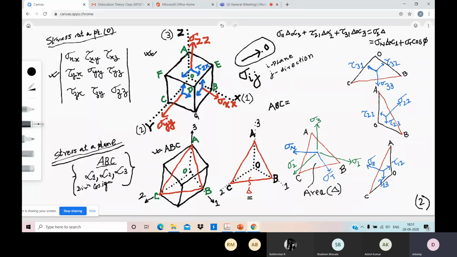It will be a function of the stresses acting on the AOB plane, because the stress acting on those faces will contribute to the resultant stress on the inclined ABC plane that I am picking up. Then it will also depend on the COB plane, and it will also depend on the AOC plane.